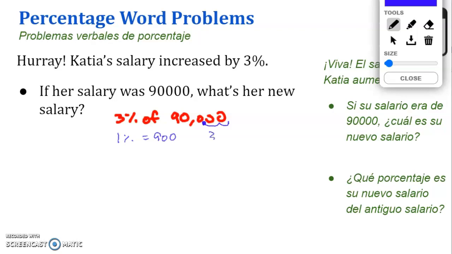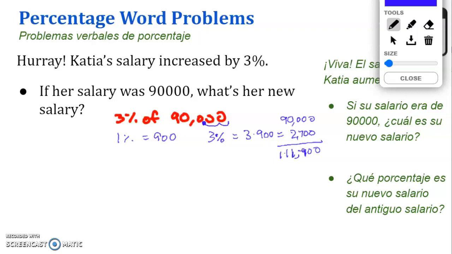That means 3% is going to be 3 times 900. So 3 times 900 is going to be $2,700. So her new salary is going to be $90,000, I'm sorry, $90,000, and then you add 2,700.